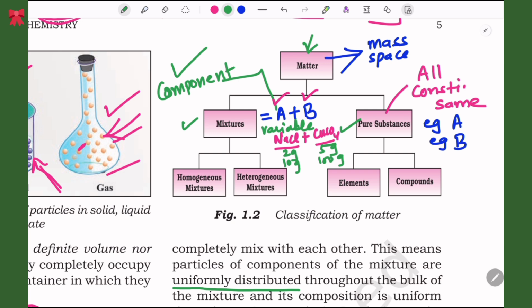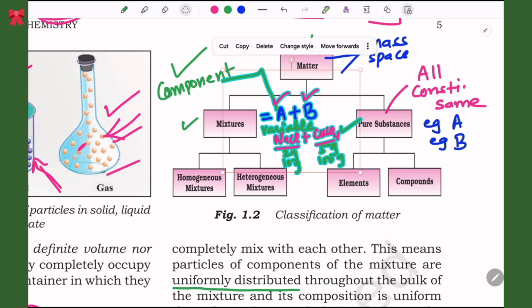That means it depends upon the person, how much ever the composition it can be, he or she can keep. So mixtures have got variable composition, and the various constituents of a mixture are called as the components, right? So that was the point.